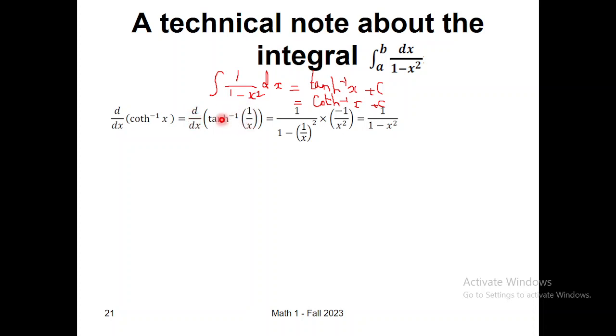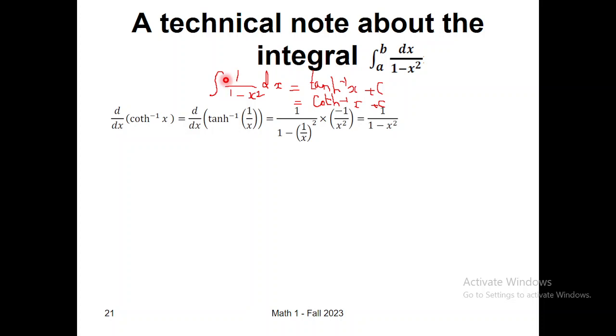Now the derivative of tangent inverse is 1 over 1 plus the square of this term. But this term is not x, so applying the chain rule, you have to multiply by the derivative of this term, which is negative 1 over x squared. If you make a simplification, the result will be 1 over 1 plus x squared. It is exactly this function. So the derivative of tangent inverse is this relation, and the derivative of cotangent inverse is also the same relation.